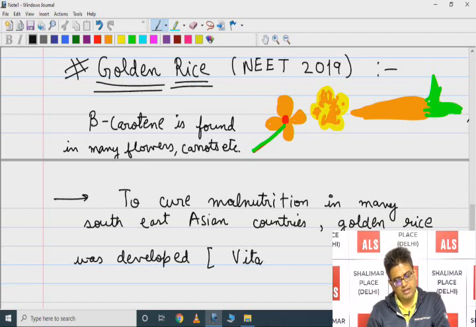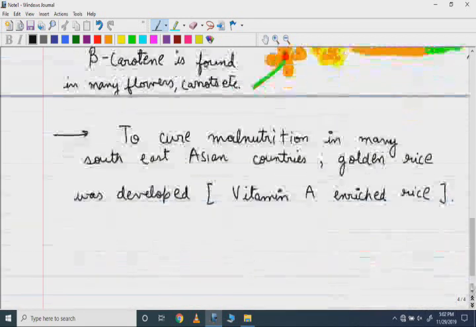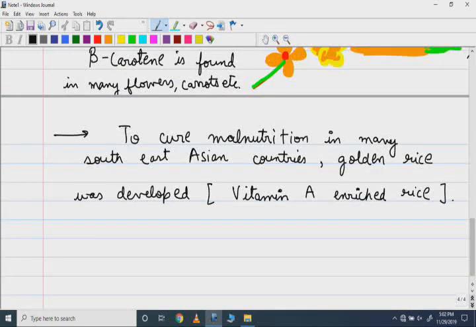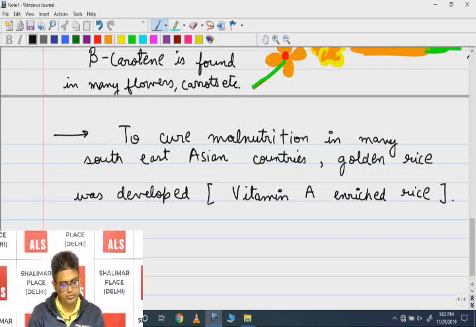Vitamin A enriched rice. It is called vitamin A enriched rice, and the question is, where do you obtain this? So I am telling you the answer.